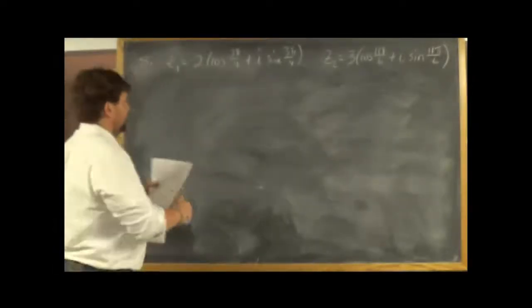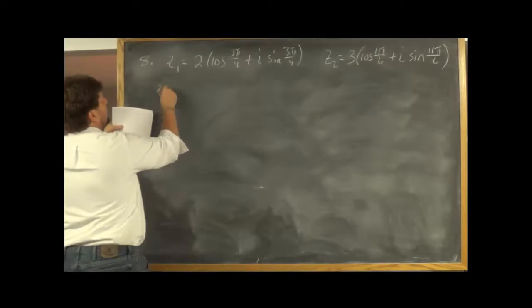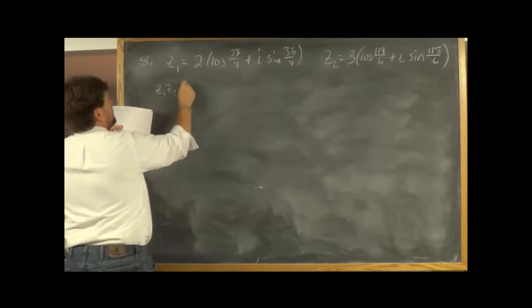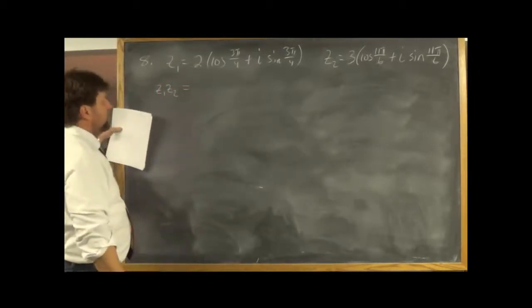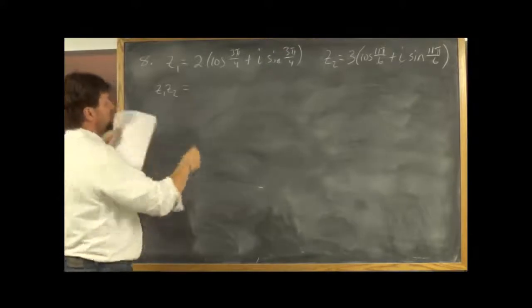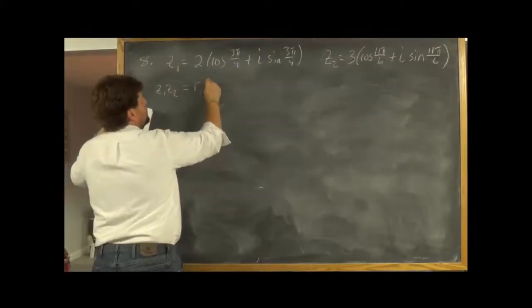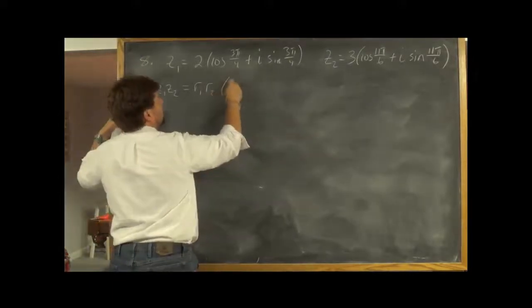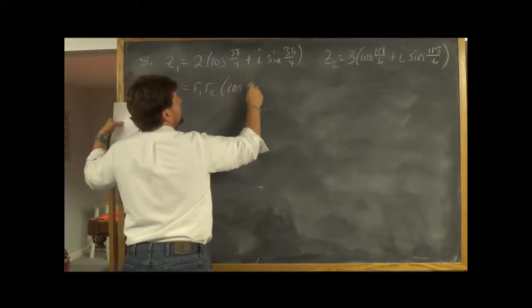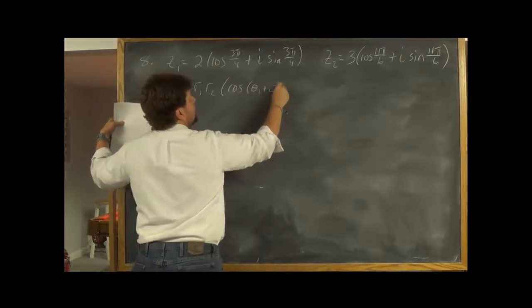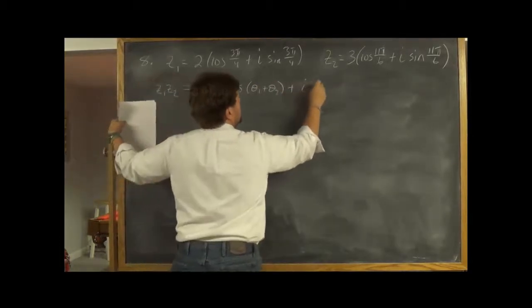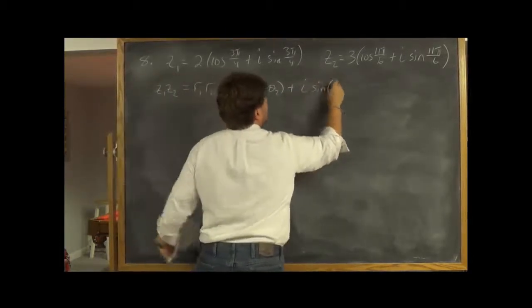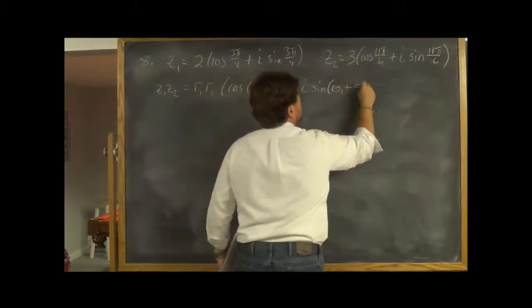So let's see, Z1 times Z2. You need to remember that for Z1 times Z2, you will do R1 times R2, and then you have a cosine of theta 1 plus theta 2 plus i sine of theta 1 plus theta 2.